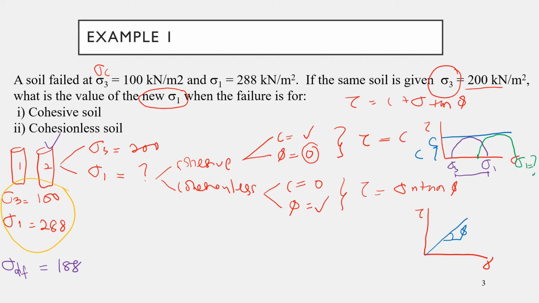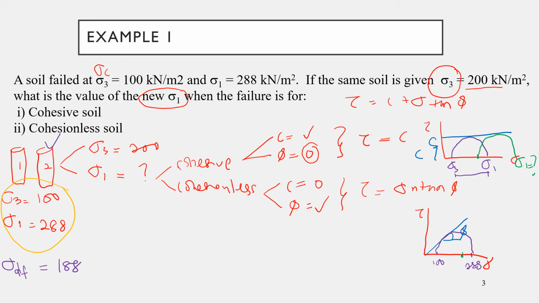For condition number 2, where the soil is cohesionless, the same thing also, you can plot the first circle. Let's say we know that sigma 3 is equal to 100, and this is your 288. So you have one circle representing sample number 1, and for sample number 2, let's say it starts with 200 here.